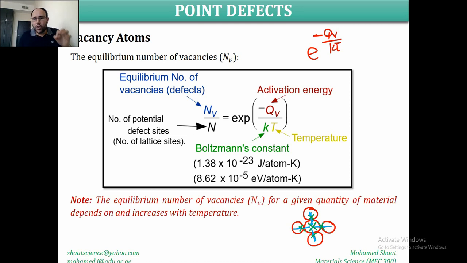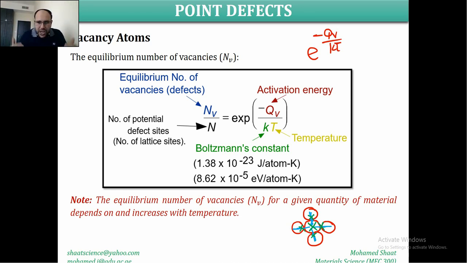NV equals the exponential of the negative. This negative is fixed in this equation, divided by KT. K is known as Boltzmann's constant. T is the temperature. So why are we involving the temperature here? Because the easiest way to break a bond is to heat the material, right? As we discussed in chapter 2, how we can break a bond: your objective is just to melt the material.